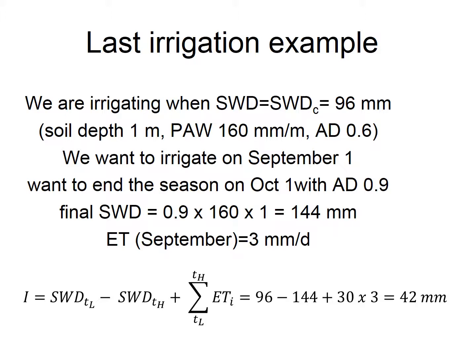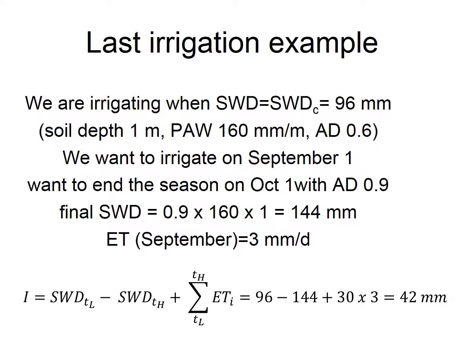144 millimeters. The evapotranspiration during September is 3 millimeters per day on average. We apply the equation where the amount of irrigation to apply is equal to the soil water deficit at the time of the last irrigation minus the soil water deficit at the time of harvest, 144, plus the total evapotranspiration during that period, which is 30 days multiplied by 3 millimeters per day, and that gives us 42 millimeters.